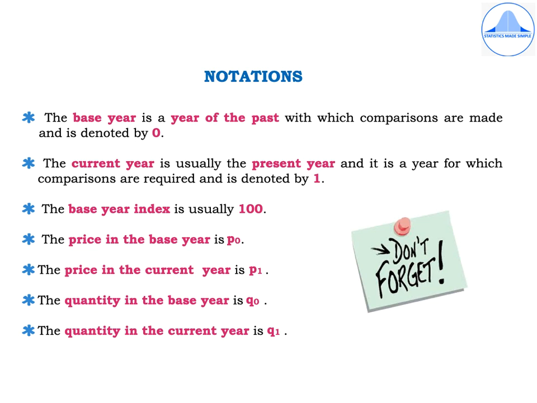The price in the current year is denoted by p1. The quantity in the base year is denoted by q naught and the quantity in the current year is denoted by q1. So please keep in mind that the prices and quantities in the base year and current year are denoted in terms of small p and q.